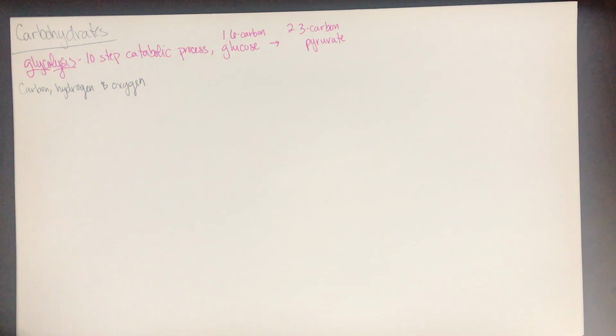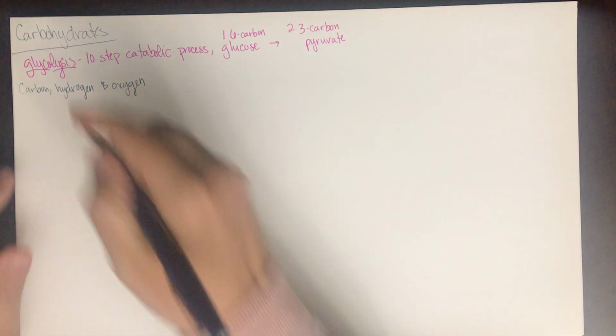But usually a simple carbohydrate is made up of carbons, oxygens, and hydrogens. There's a lot of good information about carbohydrates in the slides. Slide 3 from this lecture starts to talk about how we name carbohydrates.